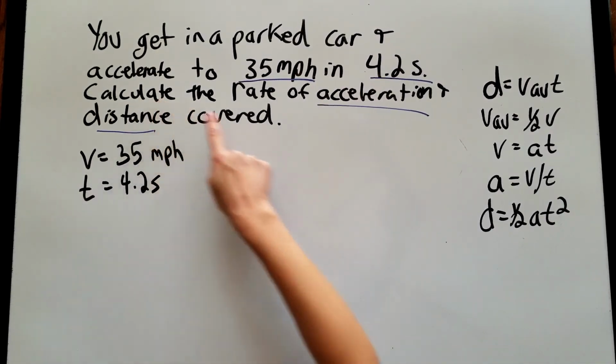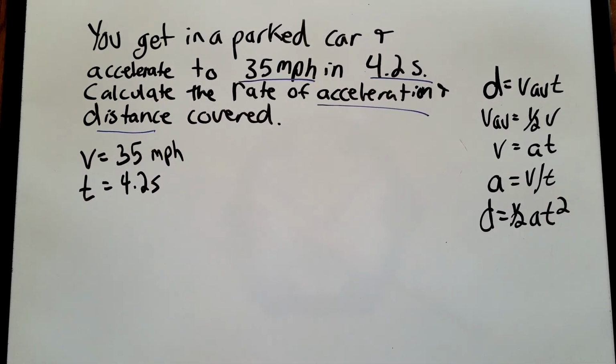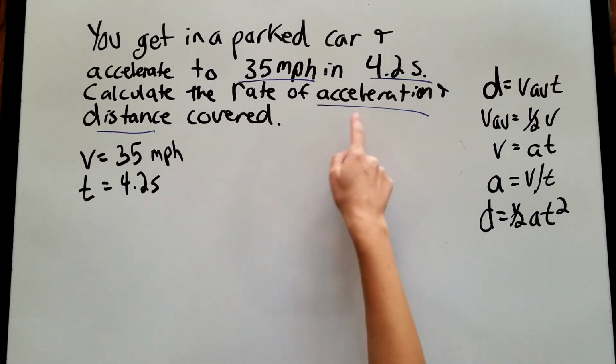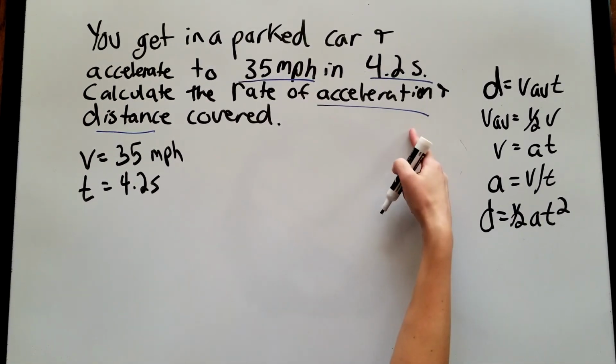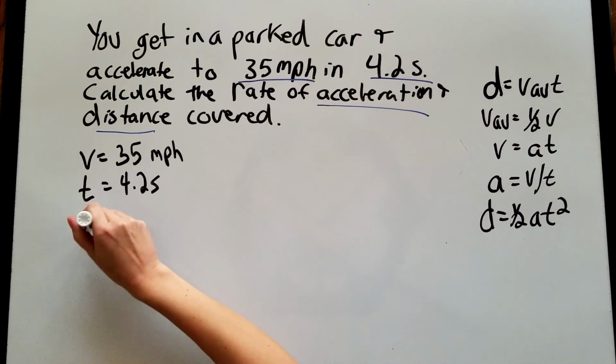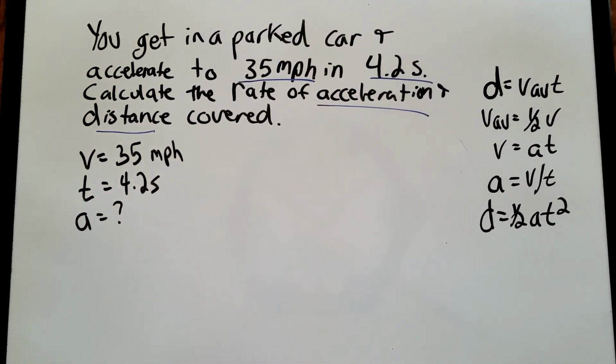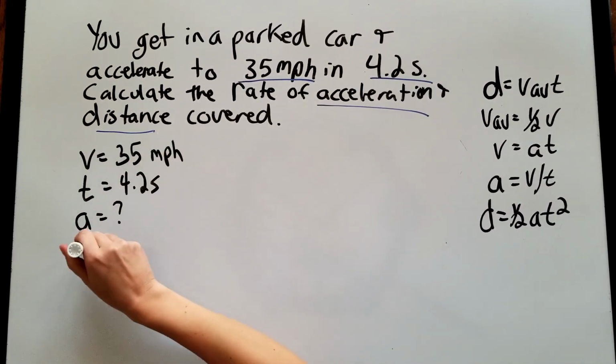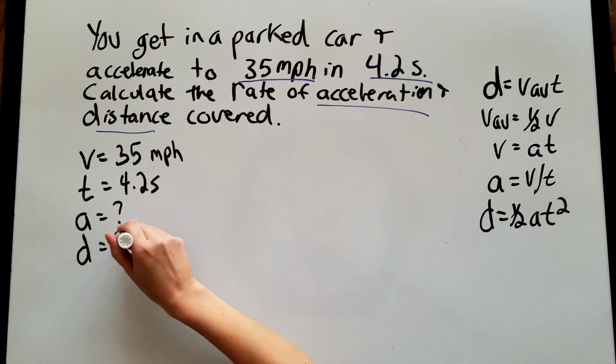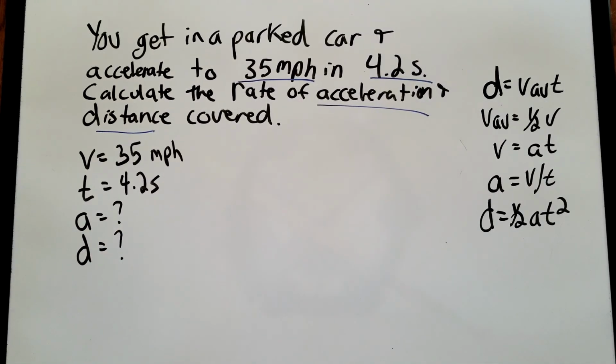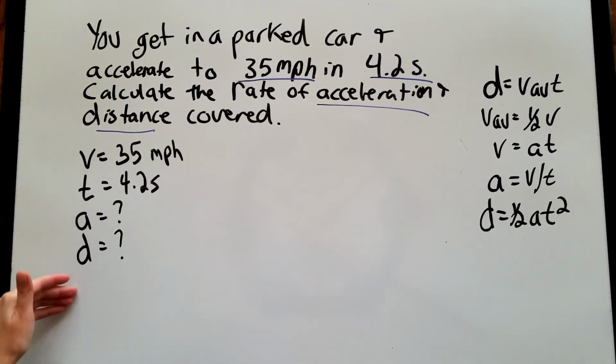Next it says, calculate the rate of acceleration and the distance covered. So what it's asking us to solve for is the acceleration, which is represented by the variable a, and the distance, which is represented by the variable d. So once you have your knowns and unknowns listed, you move on to the next step, which is convert if necessary.